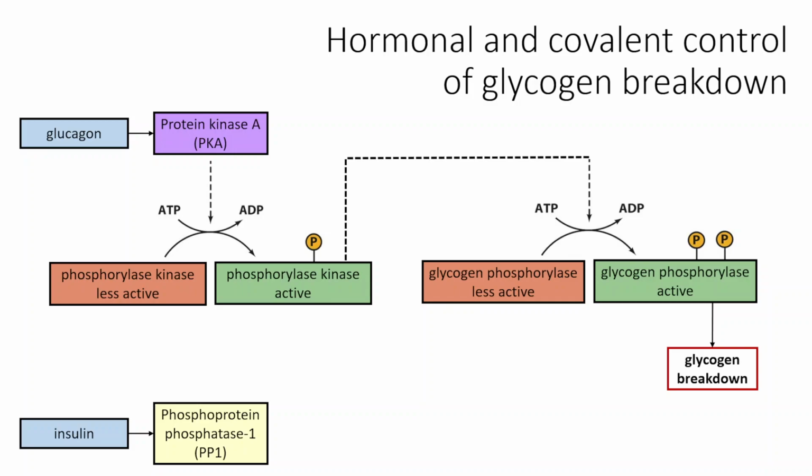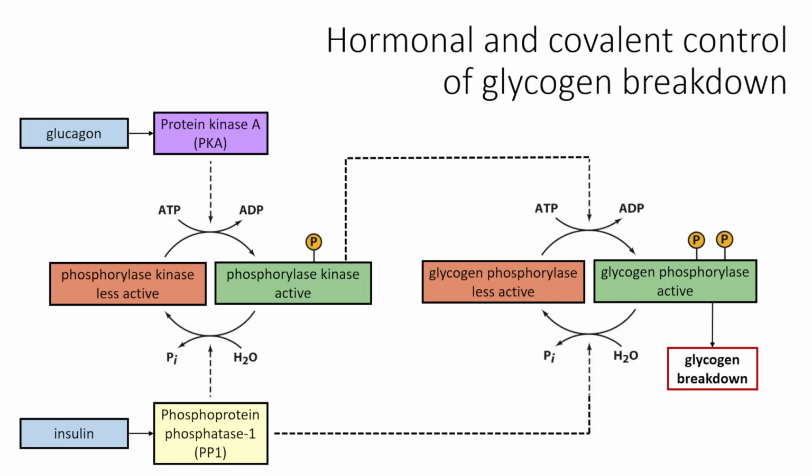So PP1 is going to dephosphorylate, and its substrates are both of these other enzymes, phosphorylase kinase and glycogen phosphorylase. Both of these are substrates of PP1. So after insulin signaling, these enzymes are going to get dephosphorylated. And ultimately, that's going to make both glycogen phosphorylase and phosphorylase kinase less active.